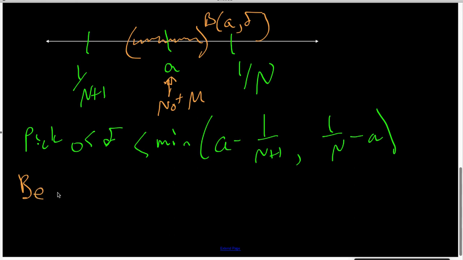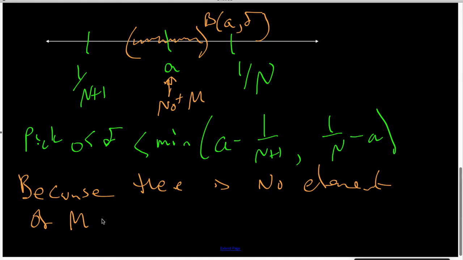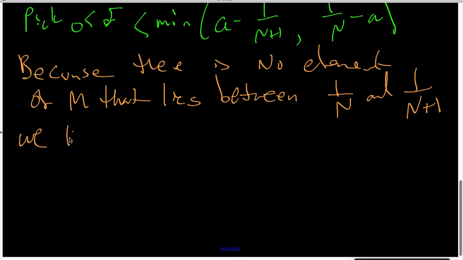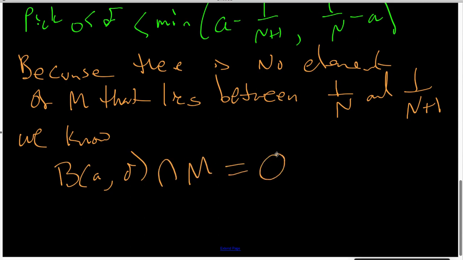So because there is no element of M that lies between the fractions 1 over capital N and 1 over capital N plus 1, we know that the delta ball centered at A of radius delta intersected with the set M is going to be empty.